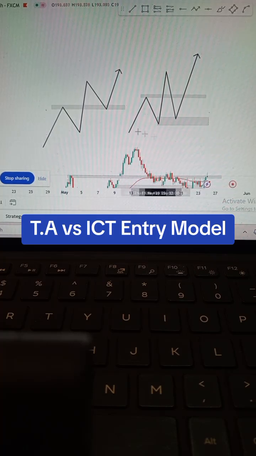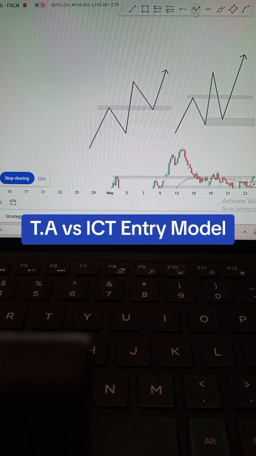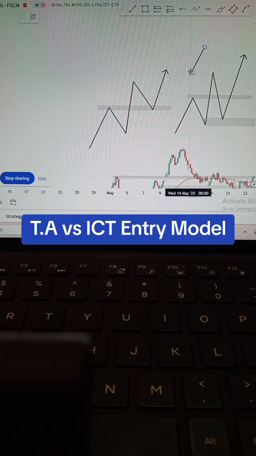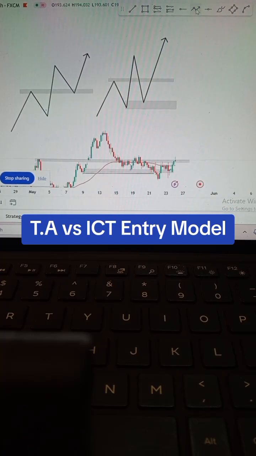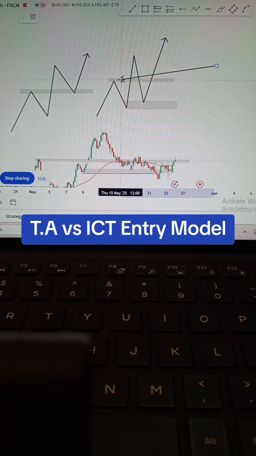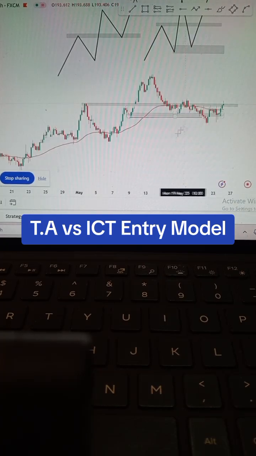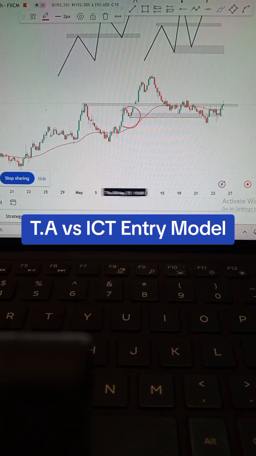With this one, a technical analysis trader is only limited to the surface level, just following what price is doing. But with ICT, you have an in-depth meaning of the type of movement the market is trying to make, right? You know that there's another order block here, so you shouldn't be looking for a buy here. Like this one, I knew that there was another block here, so I wouldn't be looking for a buy here.